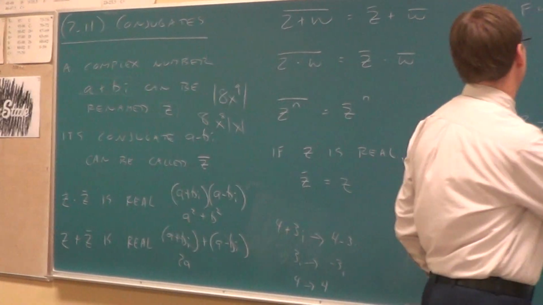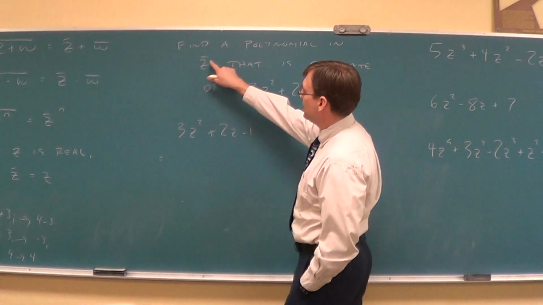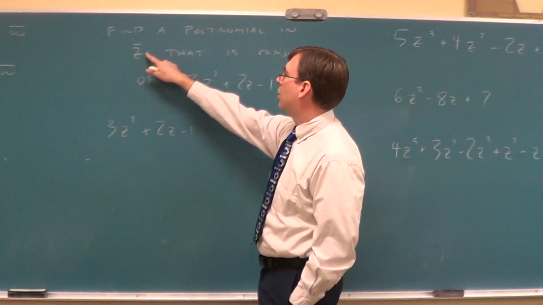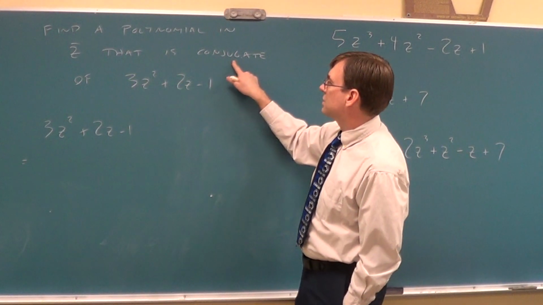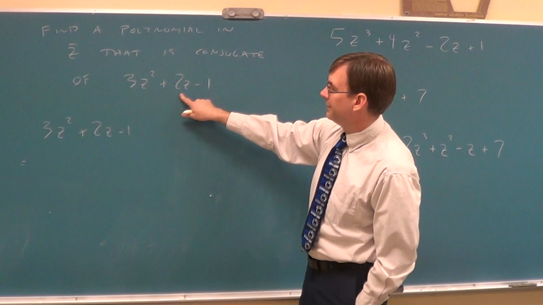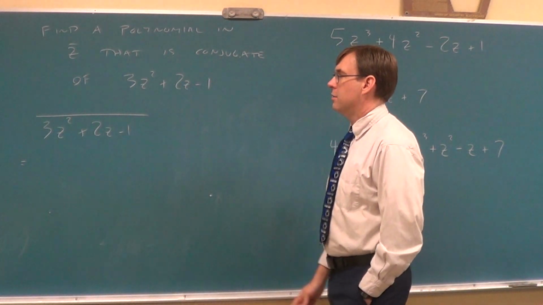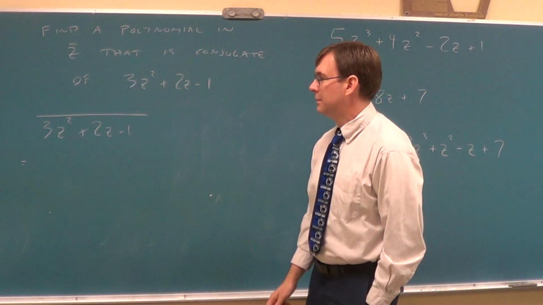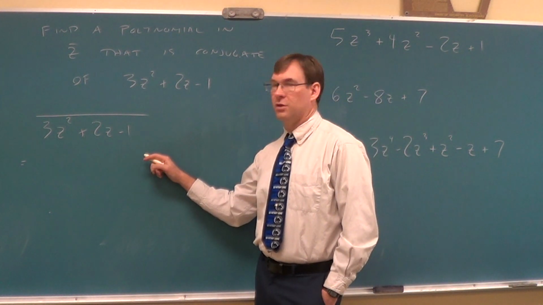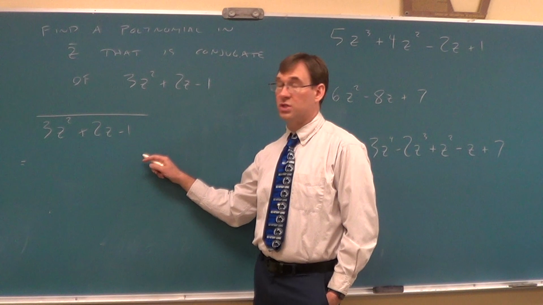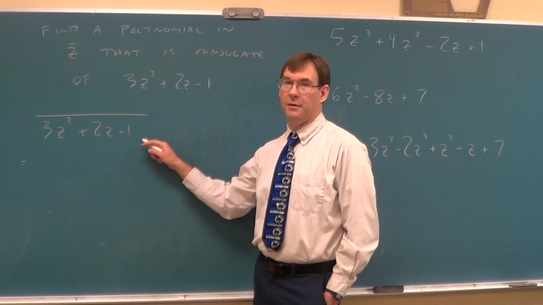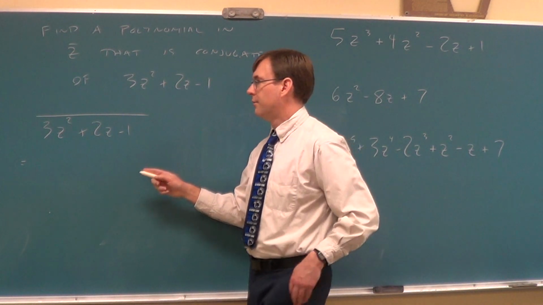So the homework will say this: find a polynomial using these z's with these hats on them, meaning conjugates, that is the conjugate of this original thing. So you could say, I'm trying to do the conjugate of that whole mess. And the book and math is a little grouchy with you because there's more stuff under there than needs to be.